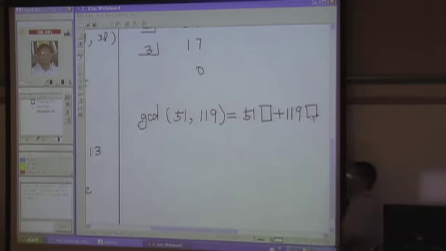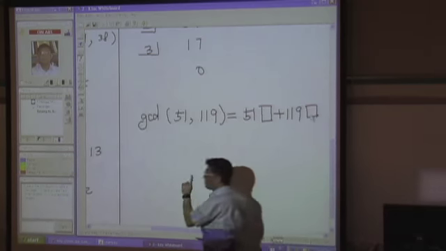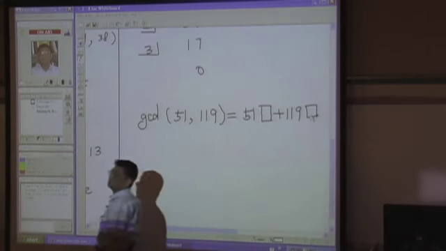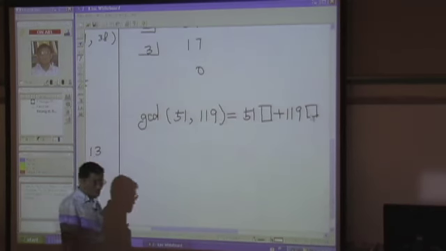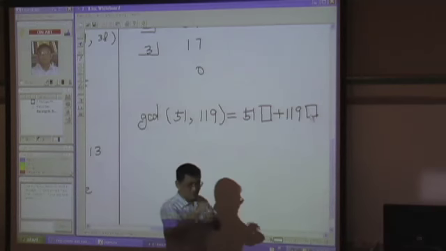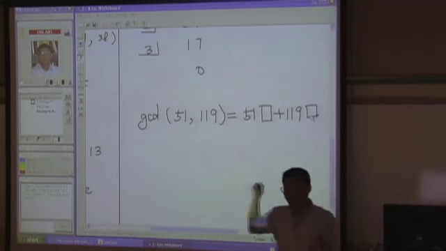I will give you 1 full minute. Find the integer satisfying this. Any method, using any method. You can use a calculator or anything to find it.